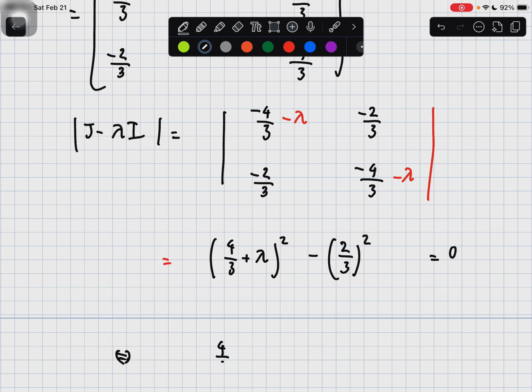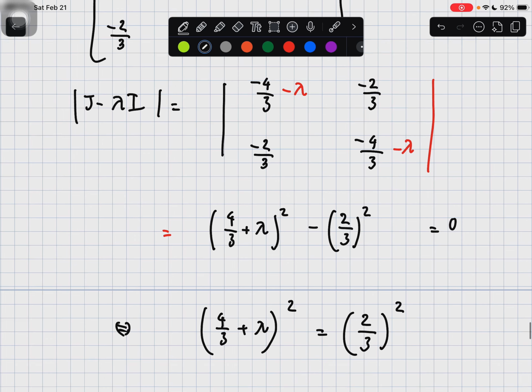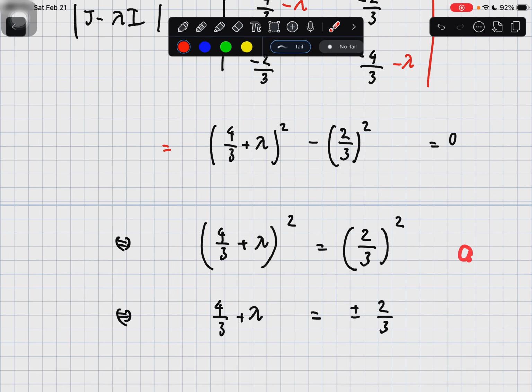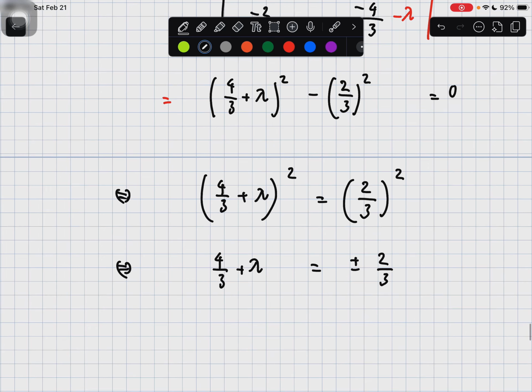4 over 3 plus lambda squared equals 2 over 3 squared. So 4 over 3 plus lambda equals plus or minus 2 over 3. So a squared equal to b squared means a equals plus or minus b. Here you have lambda equal to minus 4 over 3 plus or minus 2 over 3.